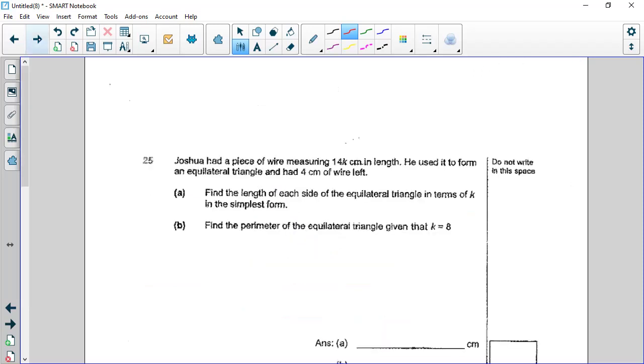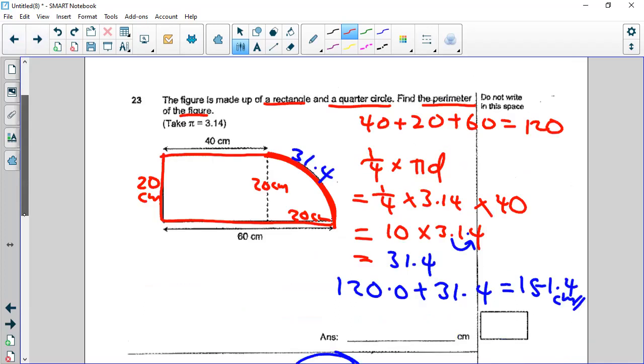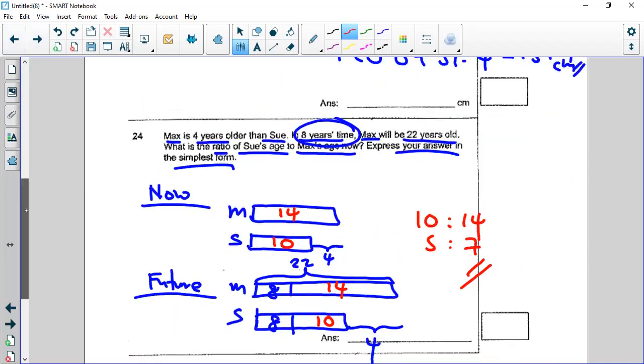Mr. Ong, yes, Suren? For question 24, what is Max's age now? You're supposed to put 10 and 22. Now, in 8 years' time, Max will be 22 years old.